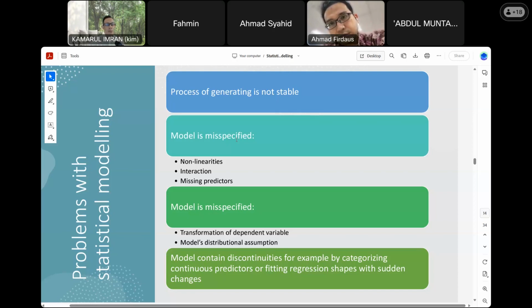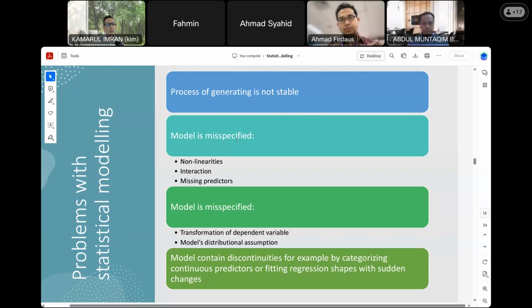And then missing predictors. What are other predictors that you should have included in your model to improve the accuracy of your model, kan? So you cannot say, okay, I've got 5 variables and then at the end, I only have 2 significant variables in my model, as if other variables are not important. Padahal you did not have those variables, kan?